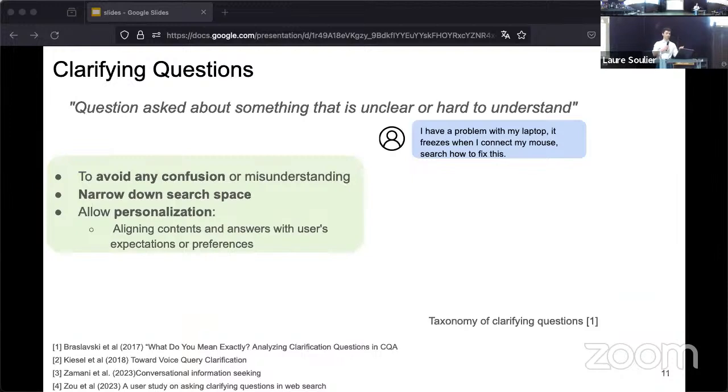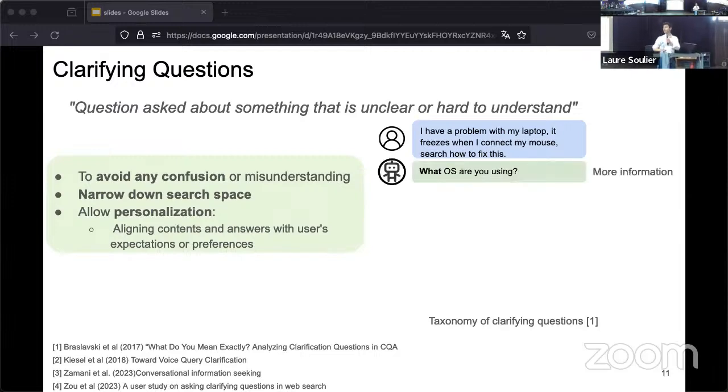Clarifying questions are questions that the system asks the user to better identify the topics or the information needed, to avoid confusion or misunderstanding. It will also help the system to narrow down the search space.